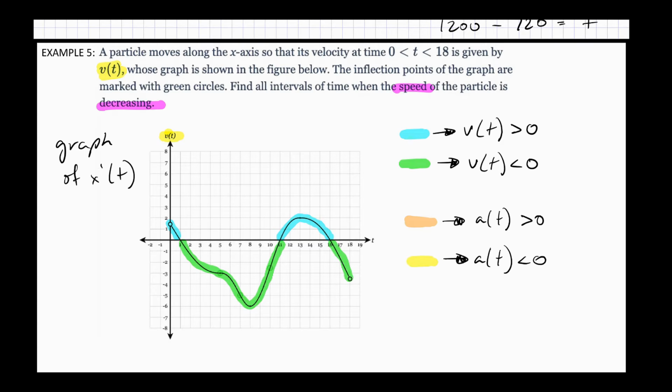How are they related? Yeah, Ella? Exactly. It's just going to be the derivative graph, right? So I need to find derivatives for this graph to figure out if acceleration is positive or negative. Good.